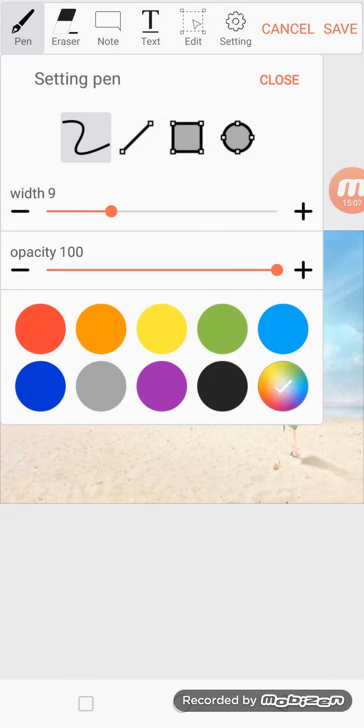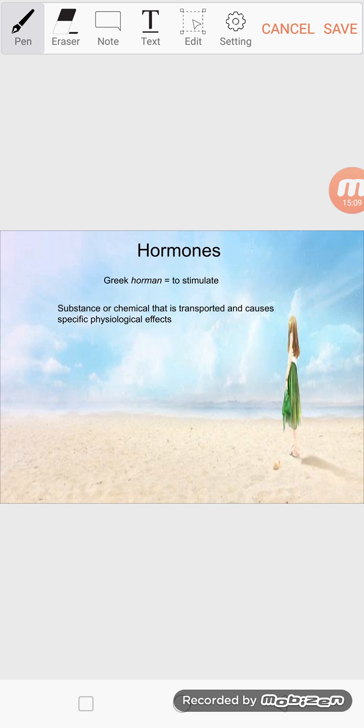Pink. Okay. So, hormones ni dia daripada perkataan Greek, iaitu hormone. So, maksudnya to stimulate. So, dia punya definition dia is this one lah. Substance or chemical that is transported and causes specific physiological effect. Okay. So, the word is specific and the word is transport.